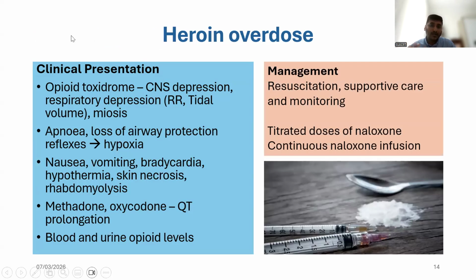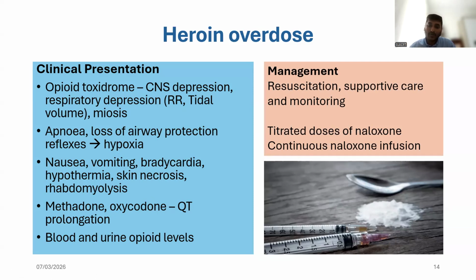The clinical presentation would be opioid toxidrome, and they will be hypoxic at the time of presentation if they are apneic, or because they will lose their airway protection reflexes due to CNS depression. They will also have other manifestations due to opioid receptor stimulation. As for any patient with overdose, we will use the basic clinical approach.